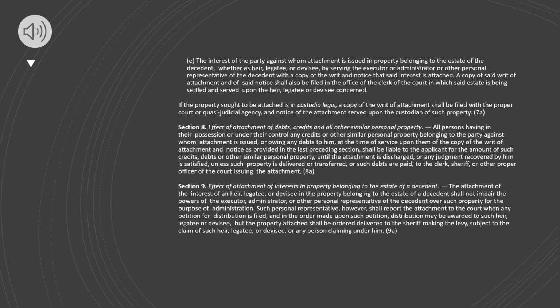Such personal representative, however, shall report the attachment to the court when any petition for distribution is filed, and in the order made upon such petition, distribution may be awarded to such heir, legatee, or devisee, but the property attached shall be ordered delivered to the sheriff making the levy, subject to the claim of such heir, legatee, or devisee, or any person claiming under him.